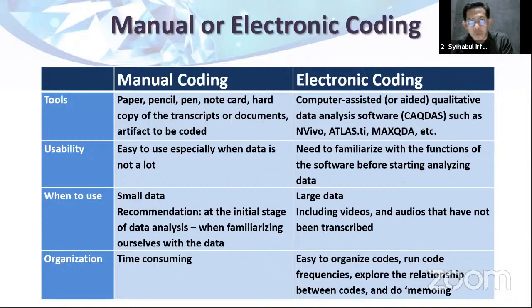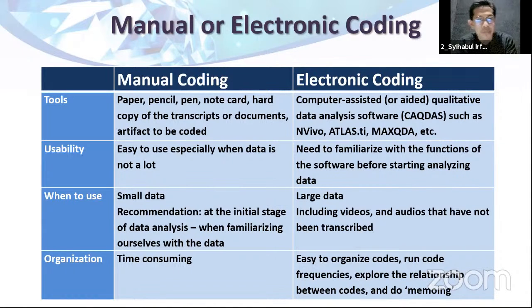While electronic coding, the tools is a computer-assisted or aided qualitative data analysis software such as Nvivo, Atlas TI, Maxda, and so on and so forth. Usability, easy to use, especially when data is not a lot, and electronic coding need to familiarize with the functions of the software before starting analyzing data.